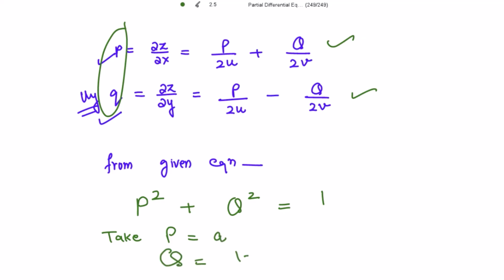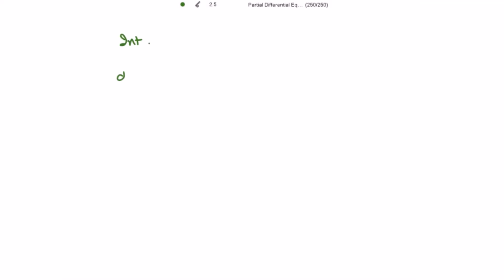we are getting the value of Q to be the square root of 1 minus a square. Yes, it is square. And now integrating, dz is equal to capital P du plus capital Q dv. There is no w, so we have to write dz over here. If you have considered your w, then you have to write dw over here.